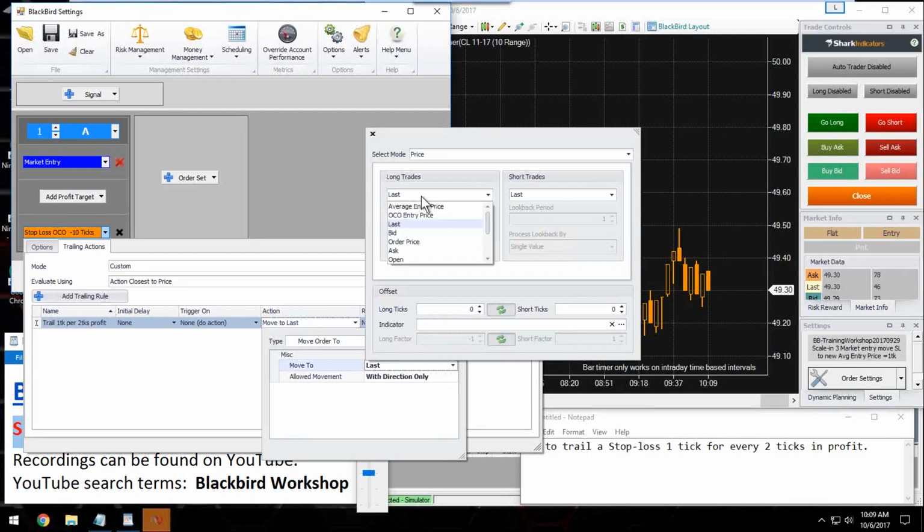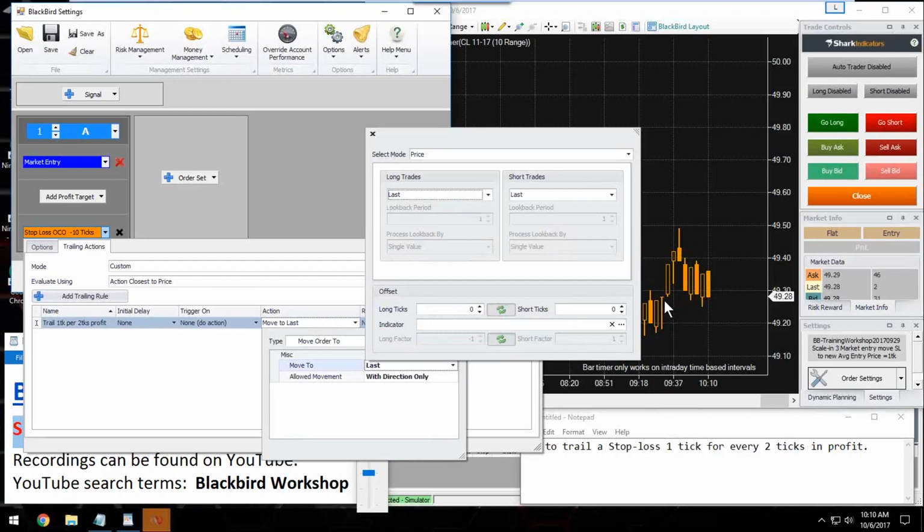Normally when you're setting up a trailing rule, you're trailing from the last price, right? So as the market moves up, every tick up that the market moves, which is the last price, is the market price, right? So as price moves up in real time, that's what bases your trailing stop losses.